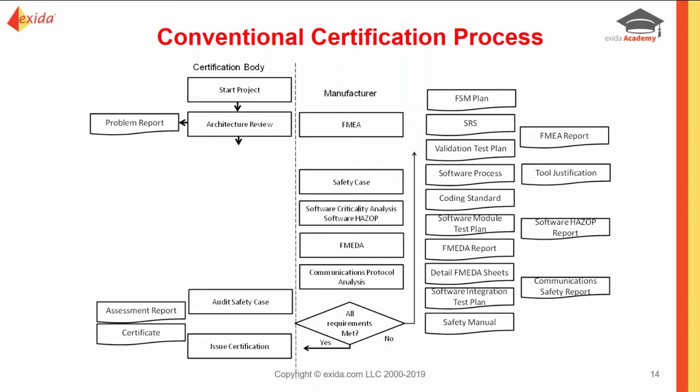If necessary, you're going to have to do software criticality, software HAZOP, communication protocol, all of that information. Whenever you're finished with that, you can send us an email or send us all of that. We'll review it. We'll make sure you did everything right. If you didn't, we'll say sorry.